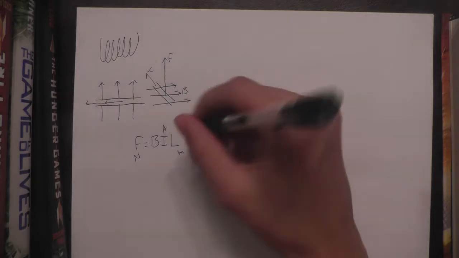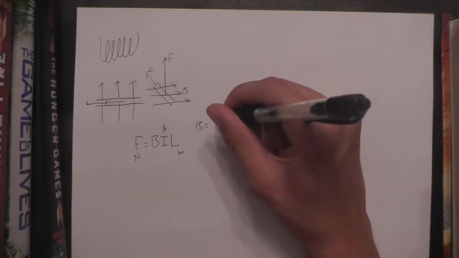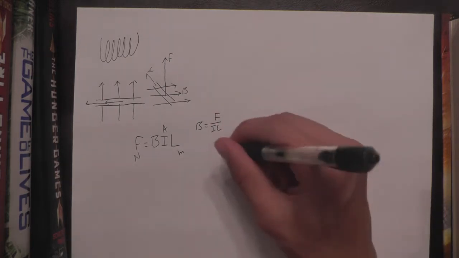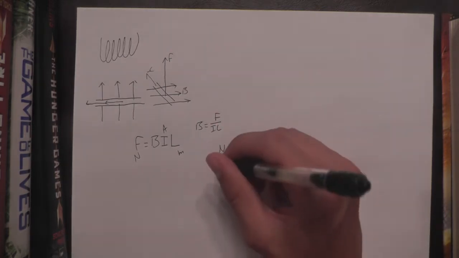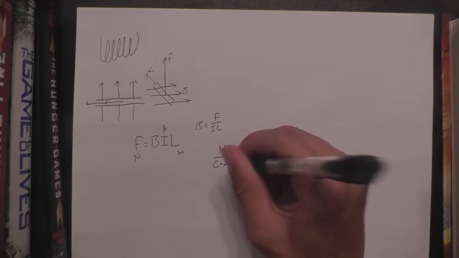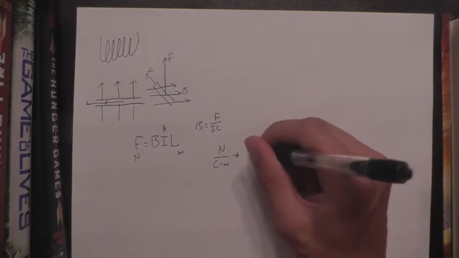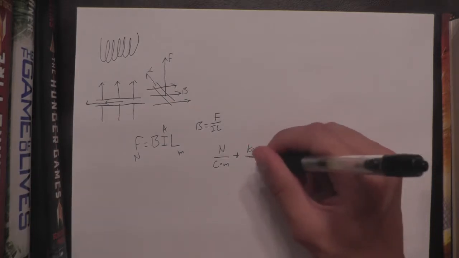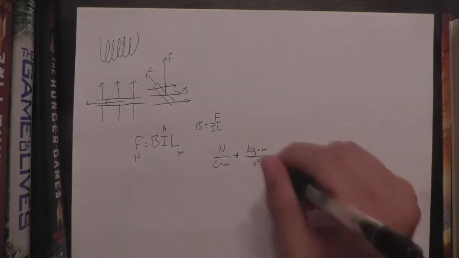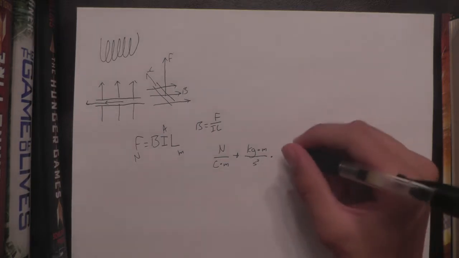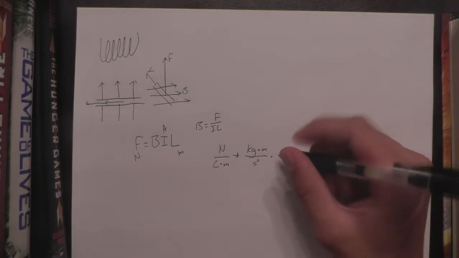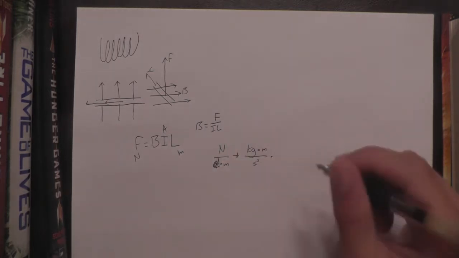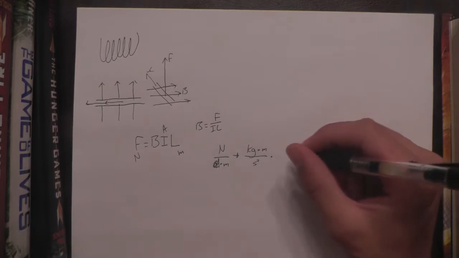So let's recalculate. We know that magnetic flux density is equal to force over current times length, which is newtons over ampere meters. If you were to simplify that, you get kilograms times meters per second squared, multiplied, because dividing is just multiplying by the inverse, right? Multiplied by ampere, which we know is a coulomb per second, right?